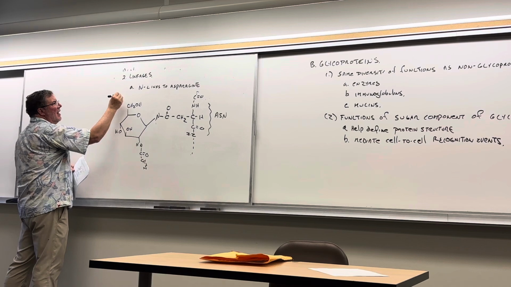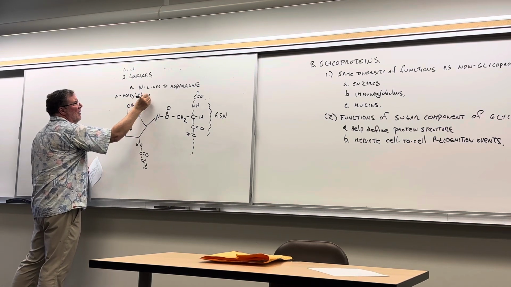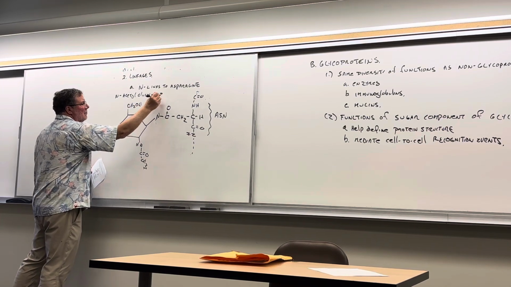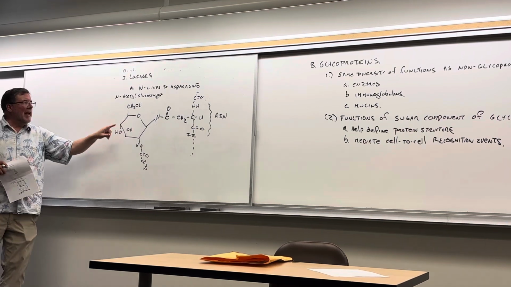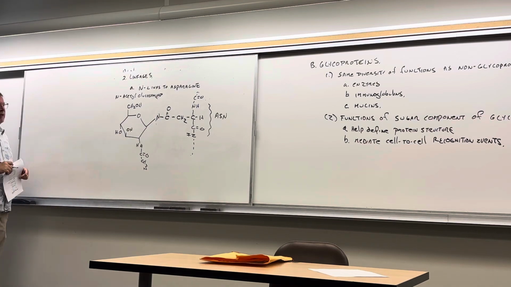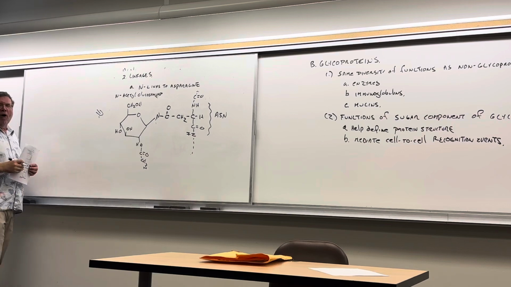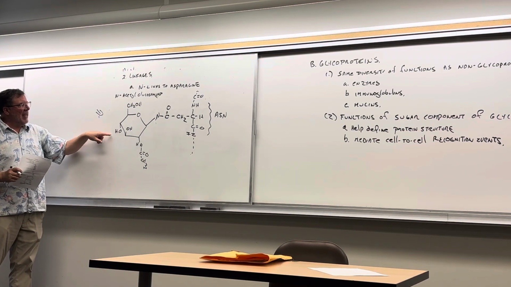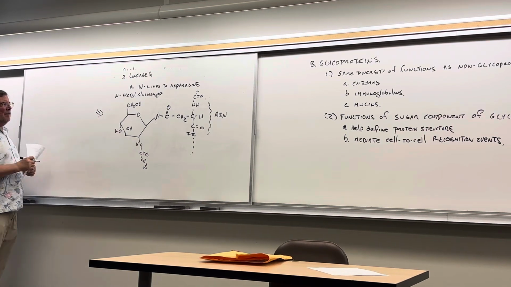So this is N-acetylglucosamine. The first thing that happens is you take an asparagine and add on that sugar, and then most often additional sugars are added at this 4 position, and the chain will grow out from there.